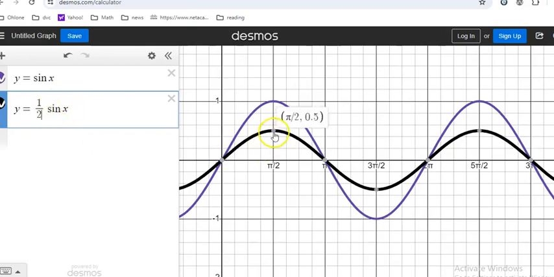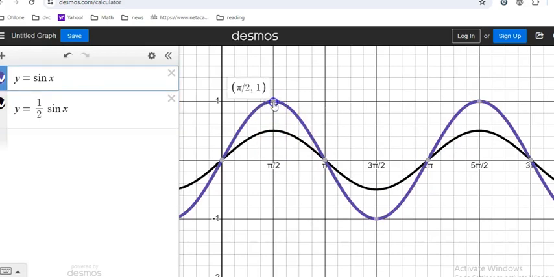The amplitude would be smaller. It would still go up and down, but from the midline it would be 1/2. The y value is 0.5 only, whereas this y value is 1. So multiplying a number outside is very easy to understand. It just affects the amplitude.